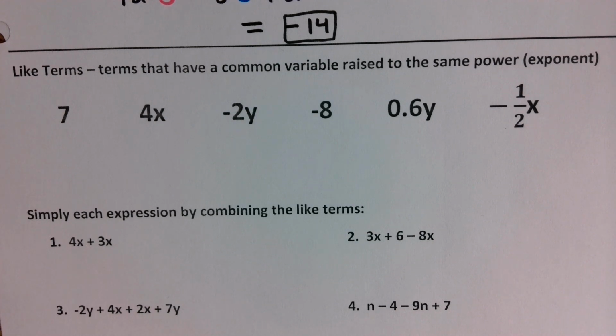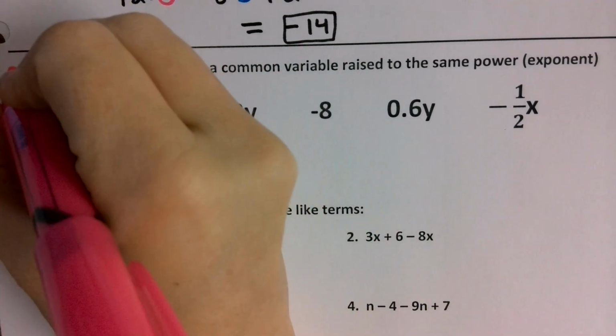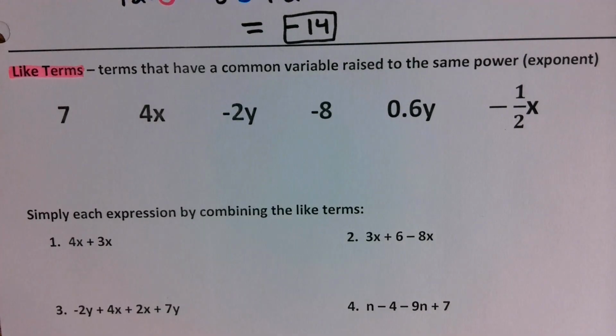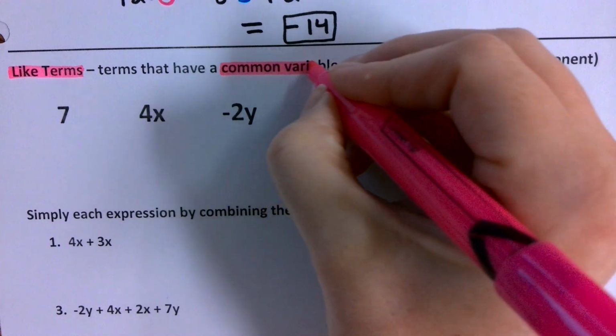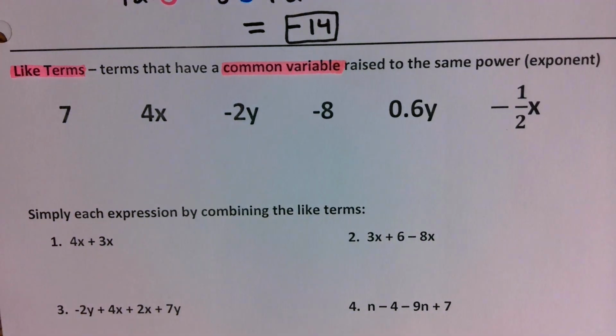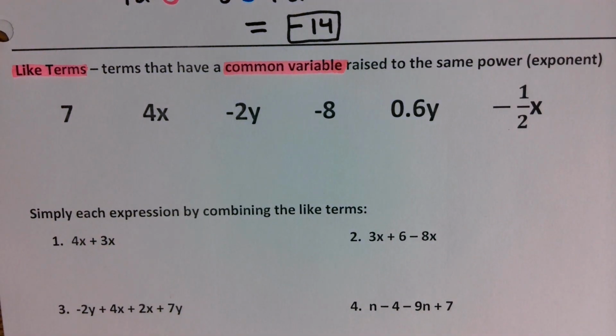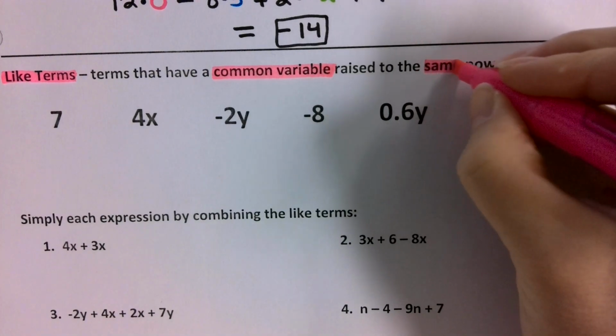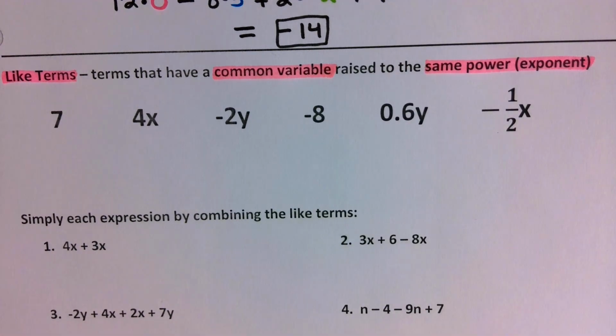That's the important thing to make sure you know. Like terms are going to have a common variable and the same exponent, if there is an exponent present.